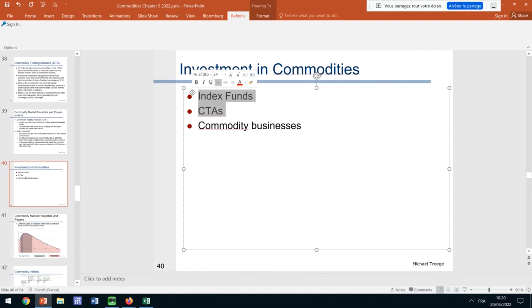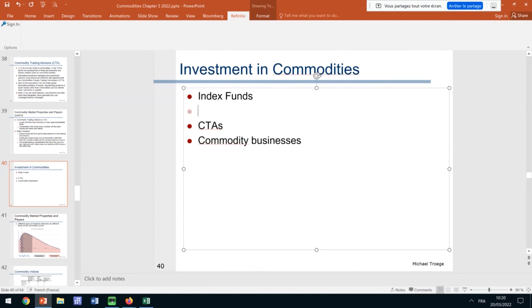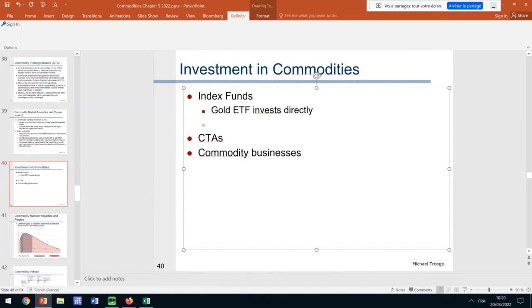Commodity funds normally invest in commodity futures. Very rarely do you have companies that directly invest in commodities. So you have gold ETFs that do directly buy gold.